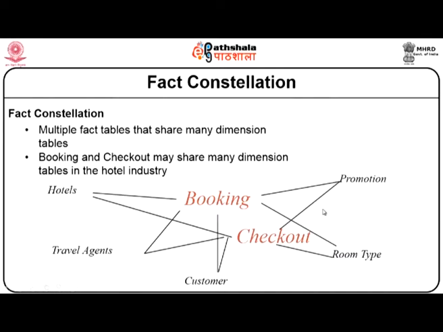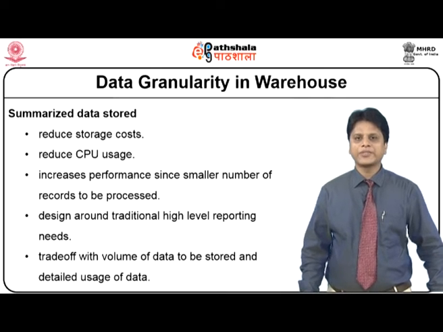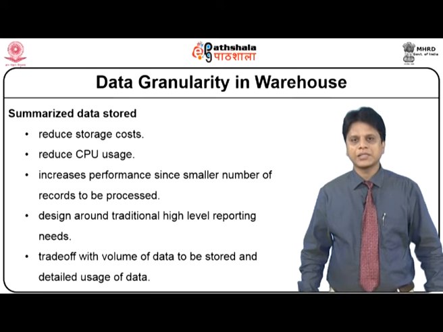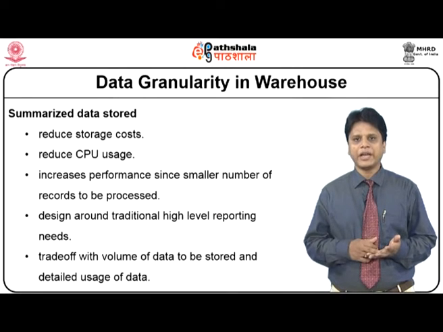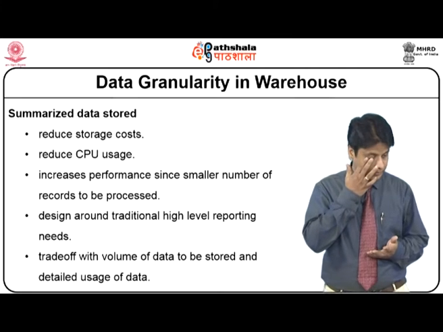So, if these are your dimensions, then these dimensions would accommodate both the facts. So, as of now we have seen three schemas, which are star schema, snowflake schema, and fact constellation schema.